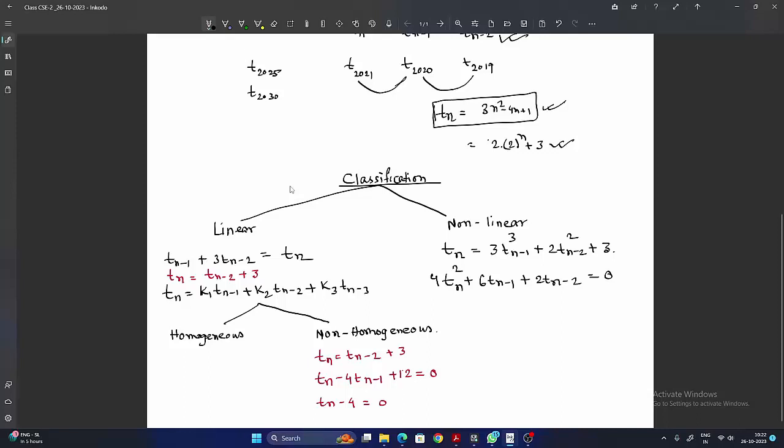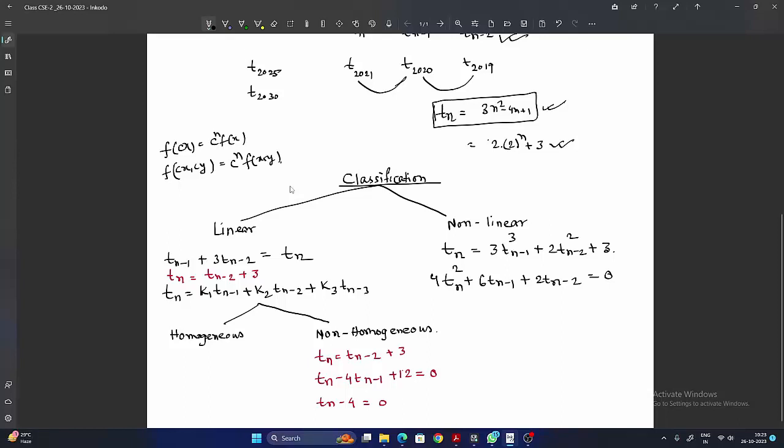because if you just remember, the function which is homogeneous is actually f of ck equal to c into f of k. Or if you take the x variable, f of cx is equal to c into f of x. If it is in two variables, then f of cx, cy is equal to c to the power n into f of x, y.